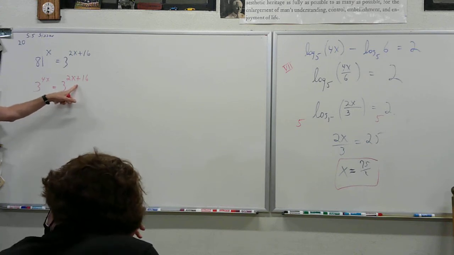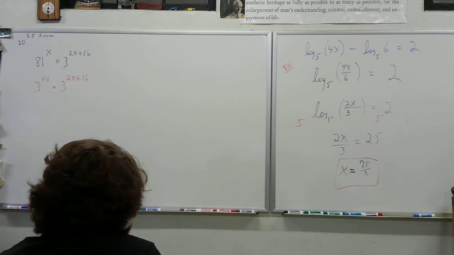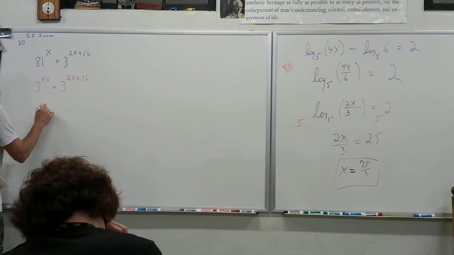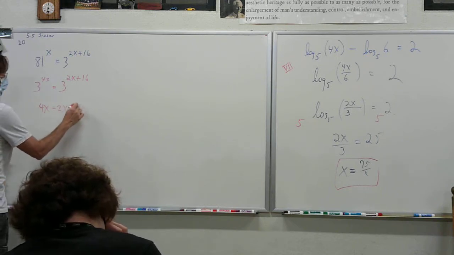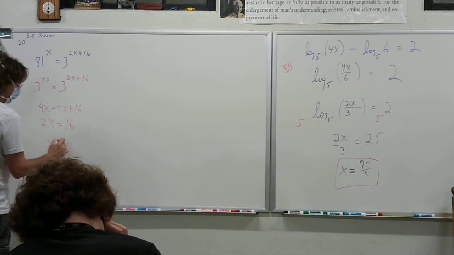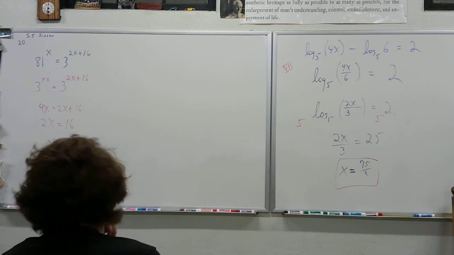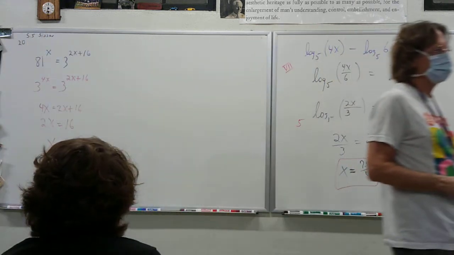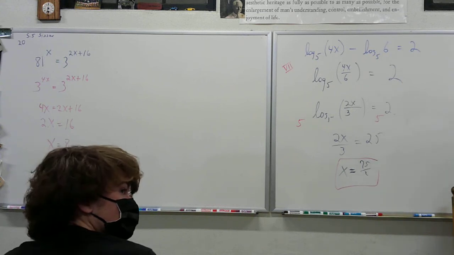Equal, right? Okay? So, you get 4x equals 2x plus 16, 2x equals 16, x equals 8. Now, you know how to test those if they don't have a logarithm in them. Make the bases the same.